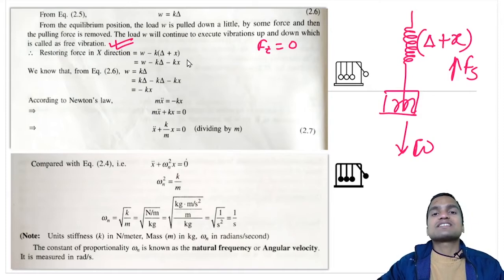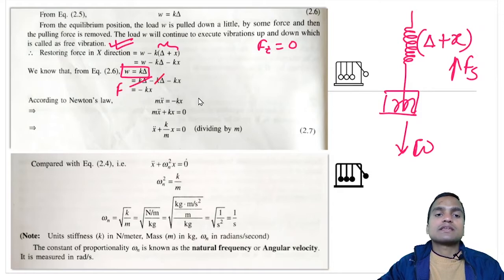Writing the restoring force, it comes out to be W minus k delta minus kx, and W was equal to k delta. So k delta minus k delta cancel, and the restoring force F will be equal to minus kx.